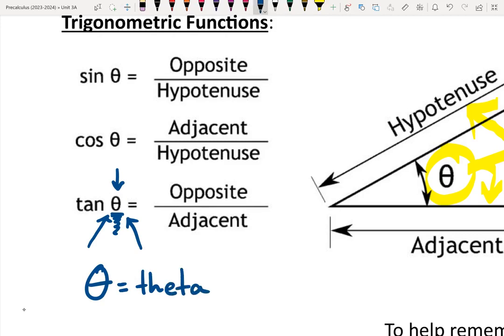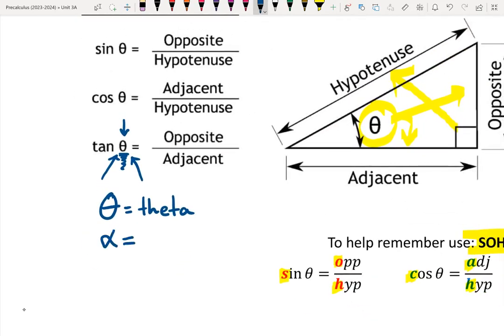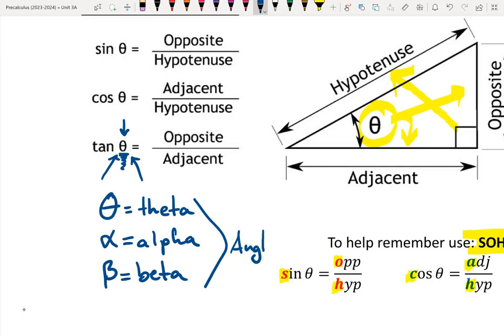Theta, and other Greek letters such as alpha, beta, all of these are Greek letters that we use to represent angles. So often we'll say sine of theta or tangent of alpha or something along those lines. Now, often we'll also use capital letters, but we often will use the Greek letters to denote angles.